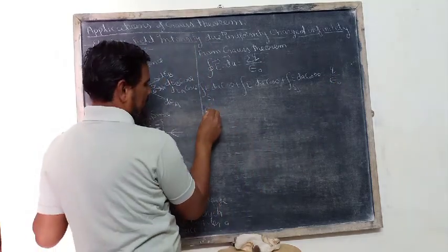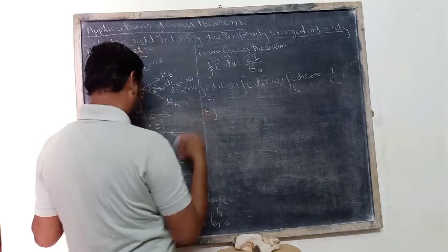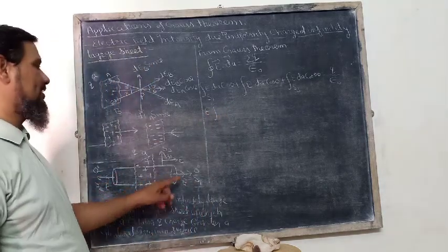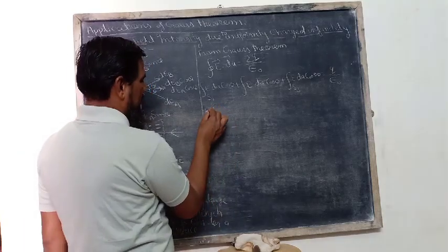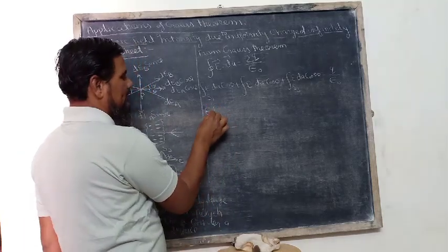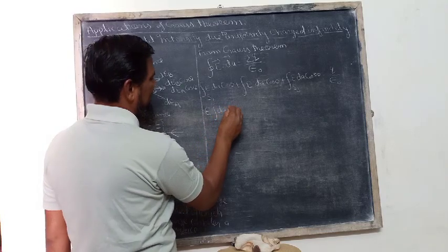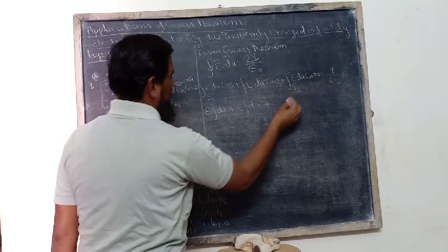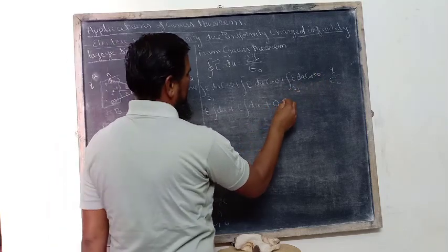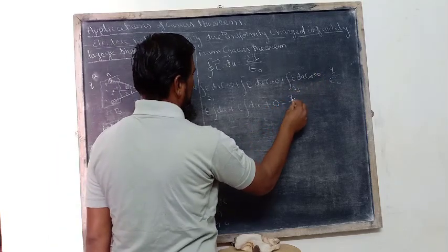E can be taken out, because at every point of the Gaussian surface the electric field intensity is the same, so we consider it a constant. E dA plus E dA, plus the cos 90 term, whose value is 0, is equal to Q upon epsilon.